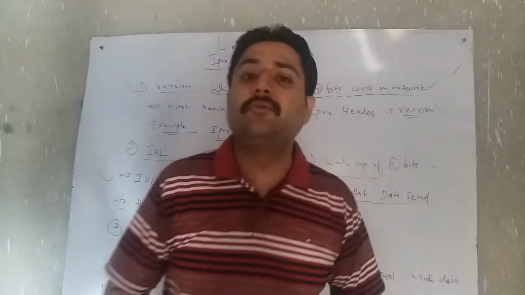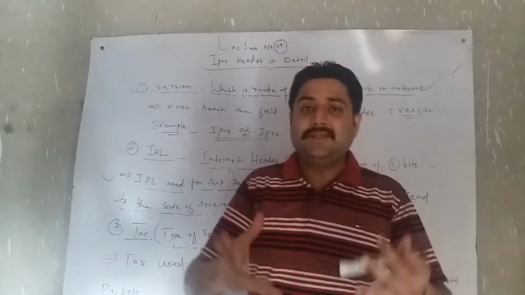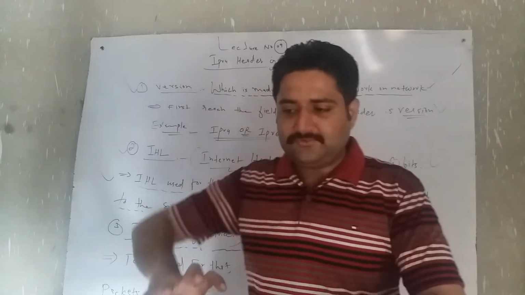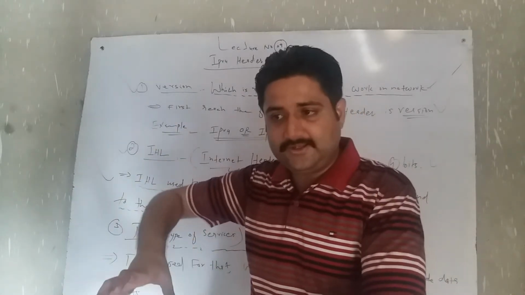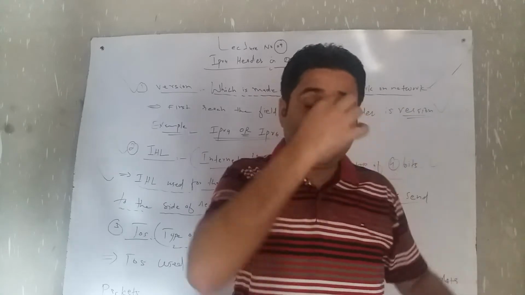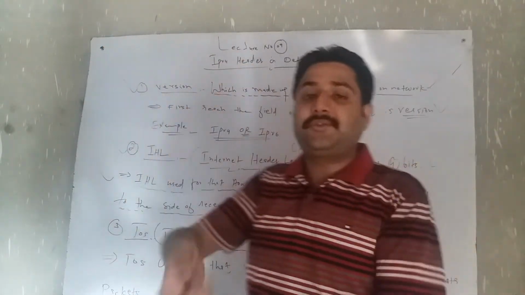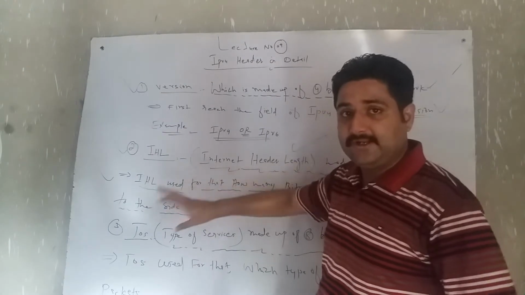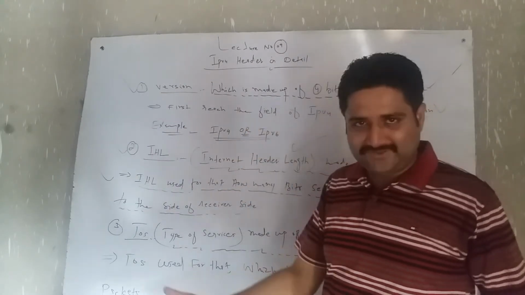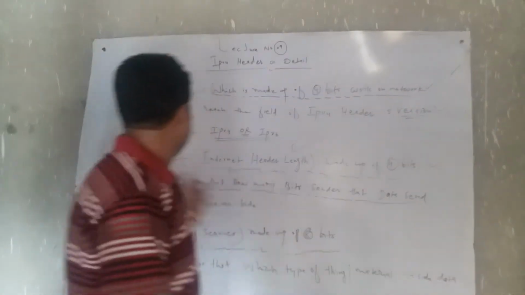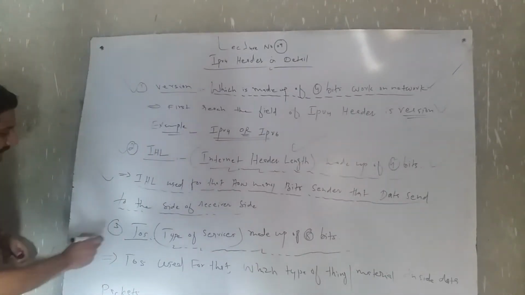You have to keep in your mind that IHL concerns the data the sender sends to the receiver, and how many bits of that header there are. That's IHL, Internet Header Length. Hopefully that is clear.